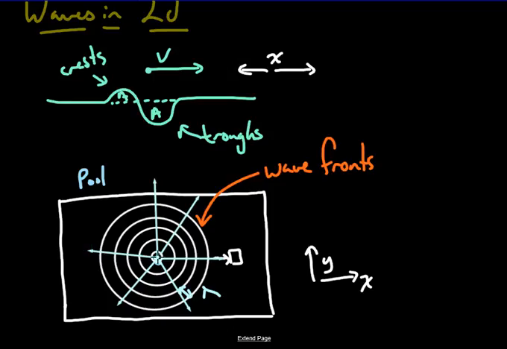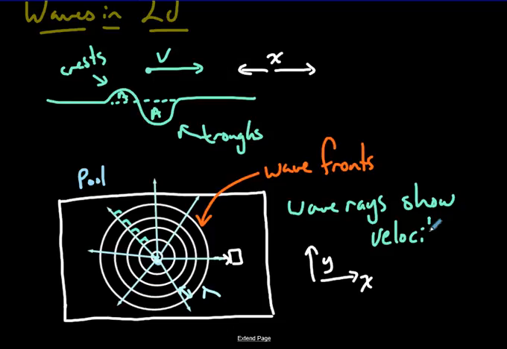Something to realize about wave rays is that they are always perpendicular to a wave front at all points. Wave rays show the velocity of the wave, specifically the direction part of the velocity vector.